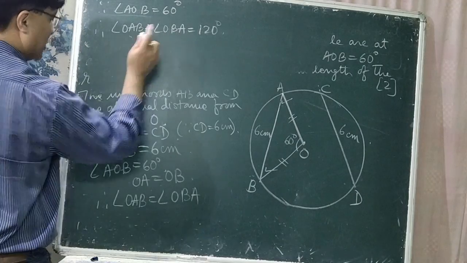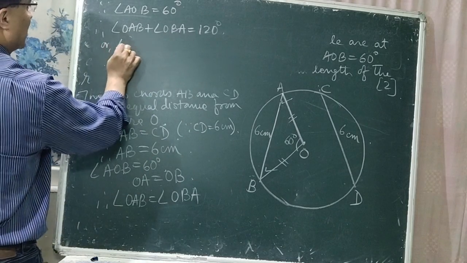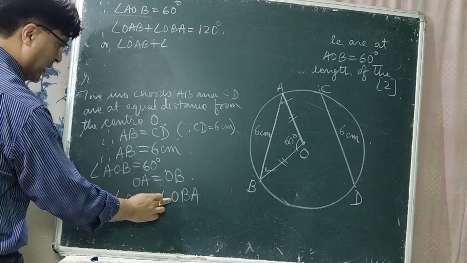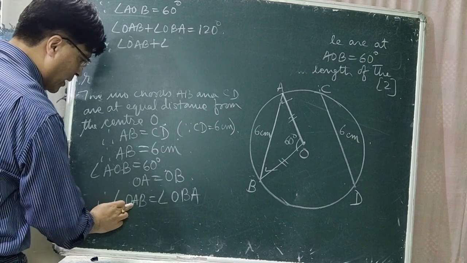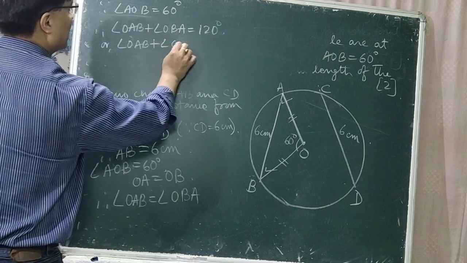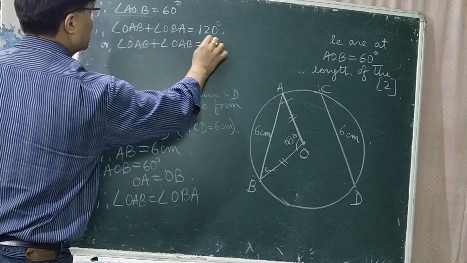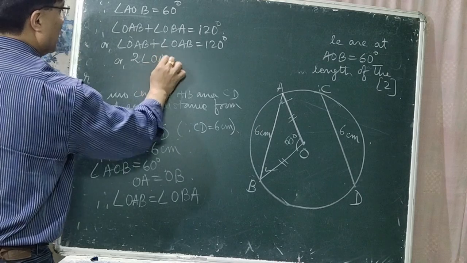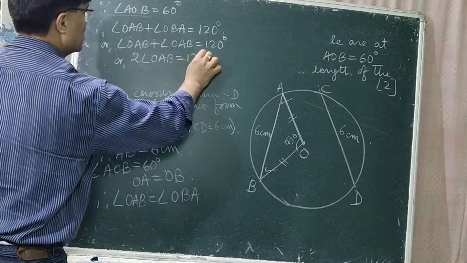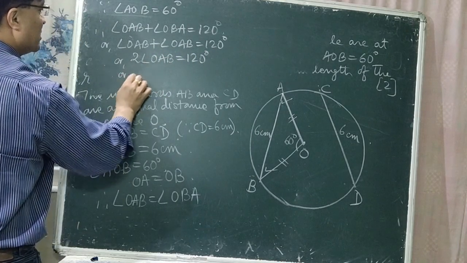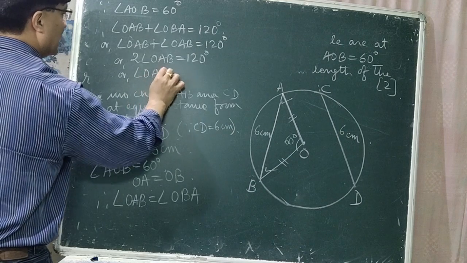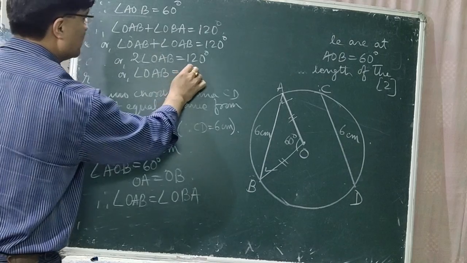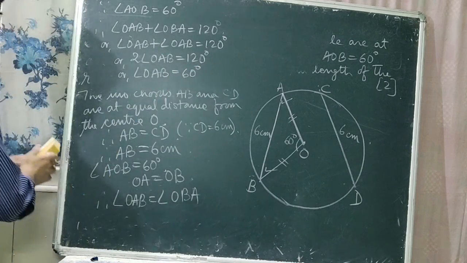But since these two angles are equal, you can write angle OAB instead of angle OBA. So angle OAB plus angle OAB is equal to 120 degree. That is, twice angle OAB is equal to 120. So what is angle OAB now? 2 goes to the right side, to the denominator, so it becomes 60 degree, right?